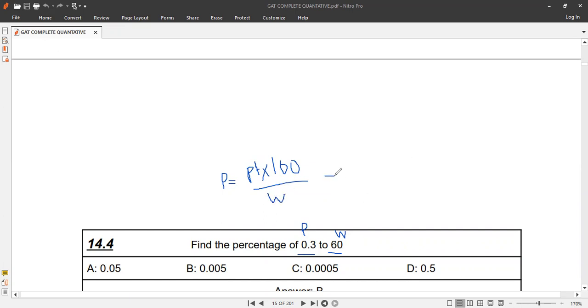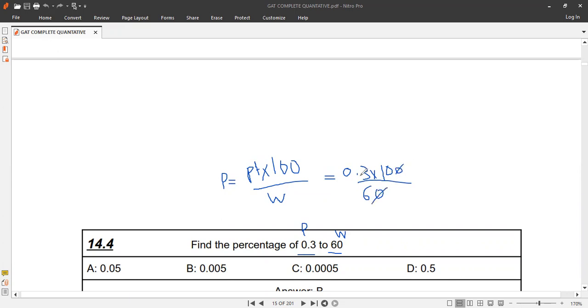So directly, the part is 0.3, and multiply by 100 over the whole. The whole is 60. We can quickly simplify 0 up with 0 down.